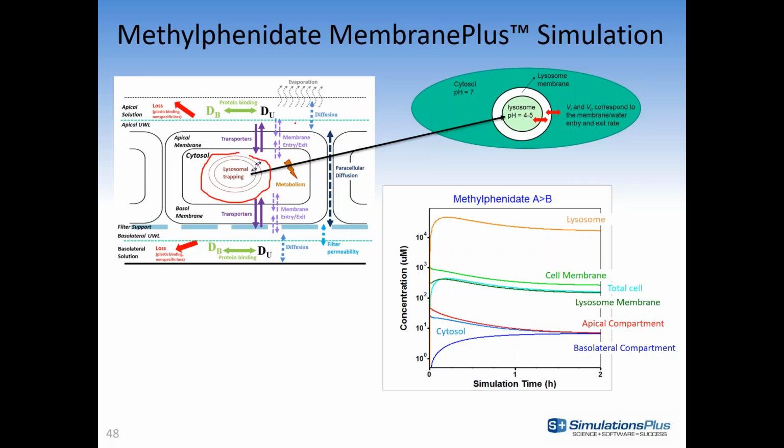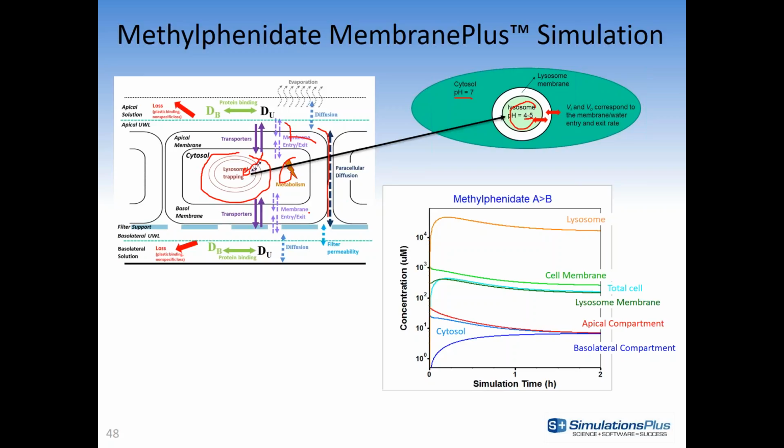So the program looks not only at how the drug is going in between the cells, how it's going through the cells and possibly accumulating in the membranes, how it might be metabolized in the cells, but it is also looking at how it might be partitioning into the lysosomes and how it could be accumulating there due to the differences in pH between the cell water and the lysosomal pH.